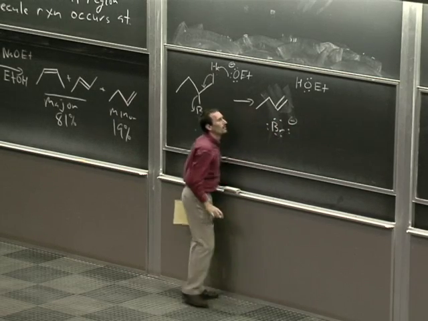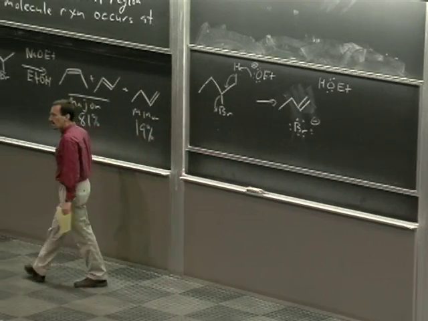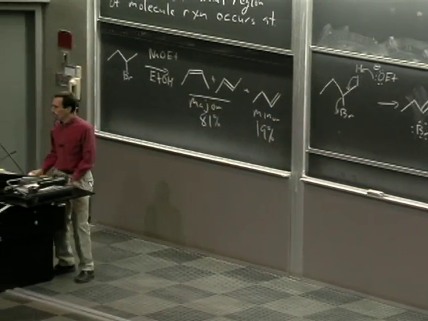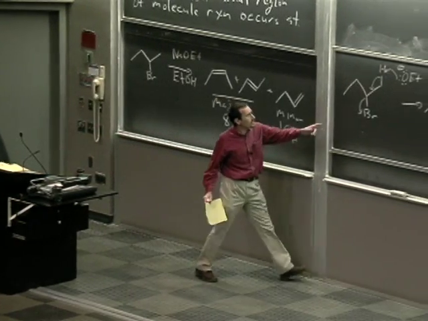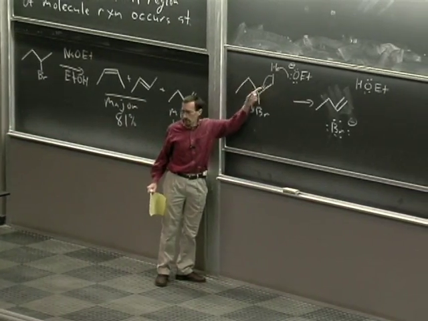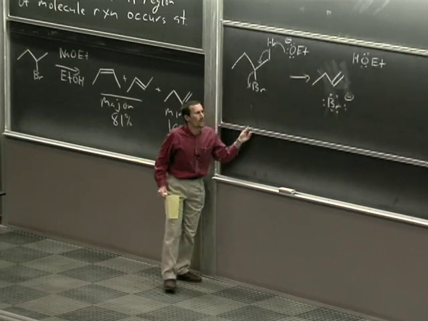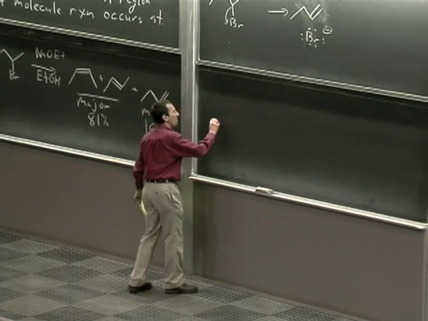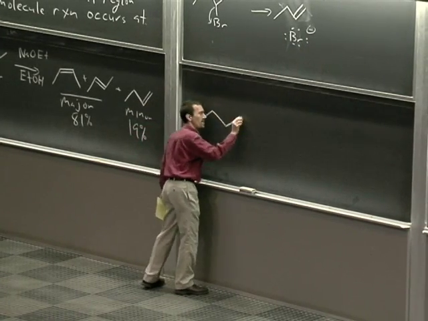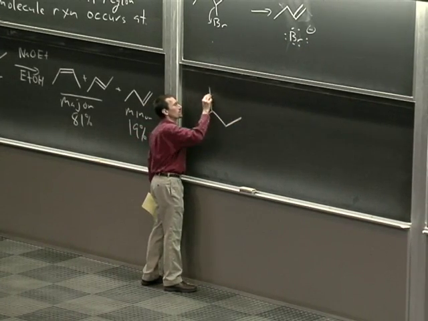There are two different places that ethoxide can pull a hydrogen off. As I said, we can pull it off from the 1 position, but we can also pull a hydrogen, or more specifically a proton, off from the 3 position. So let me represent that as well.